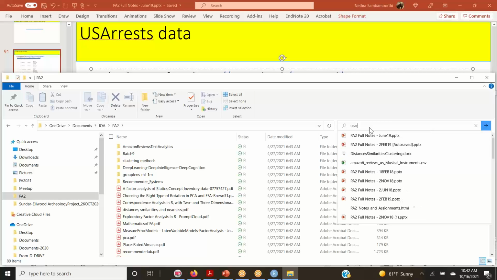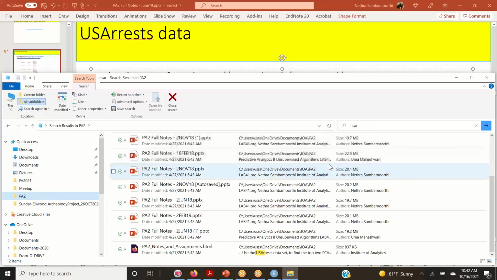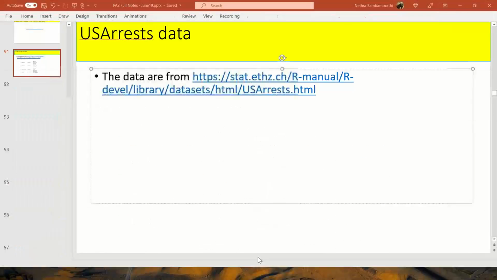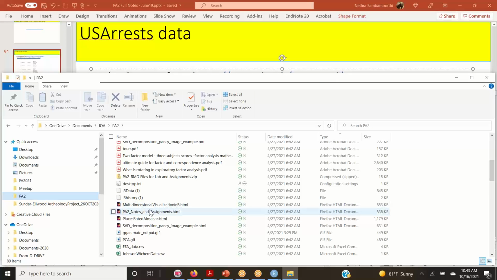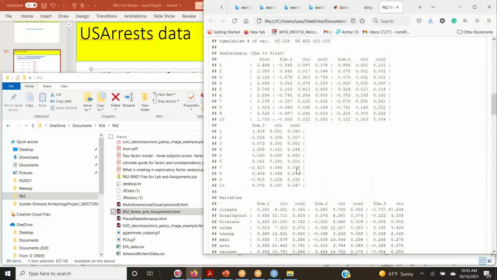Here's this, the PA2 notes and assignments HTML. Yes, here it is. Let me open it. Oh, there is also the PA Polarization Almanac. I have executed that.